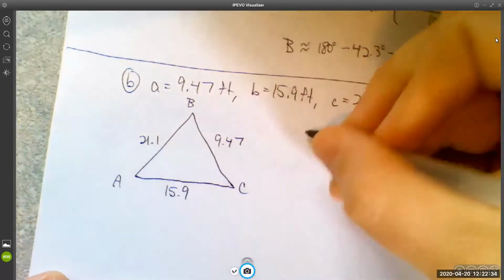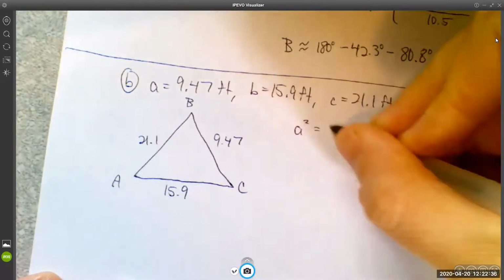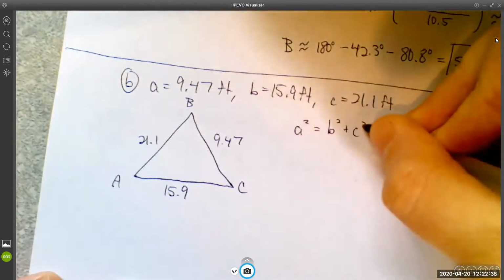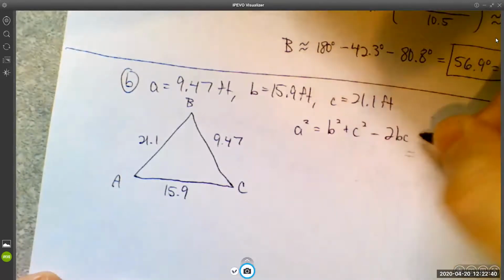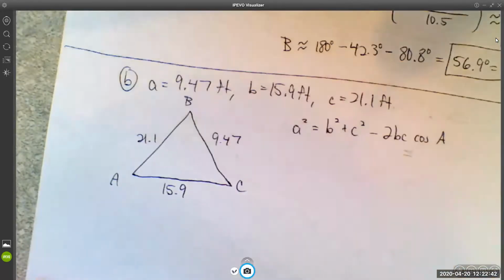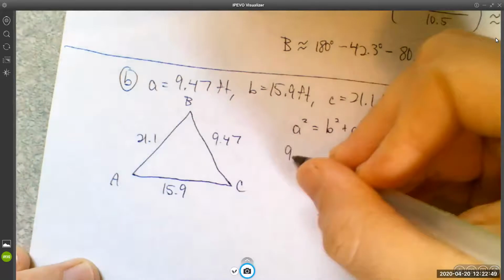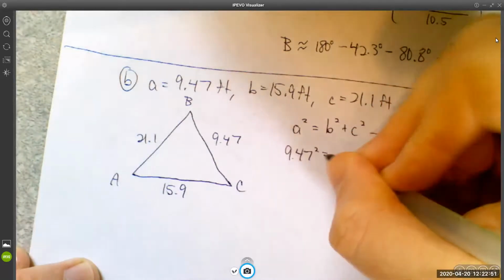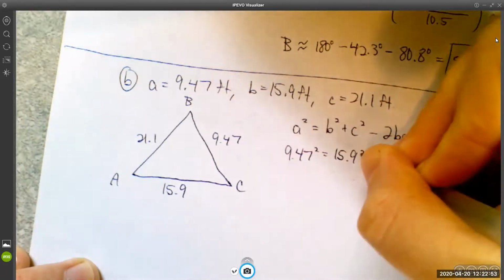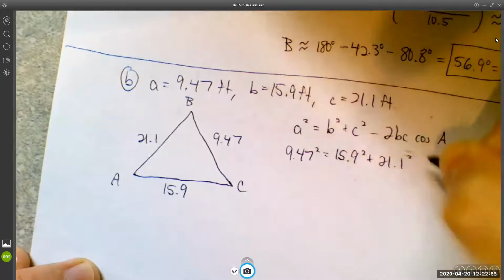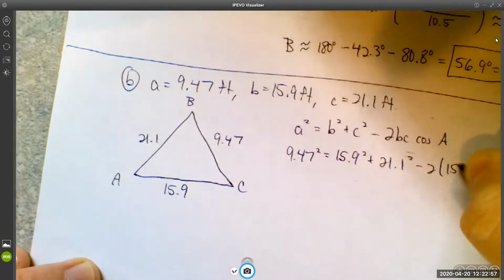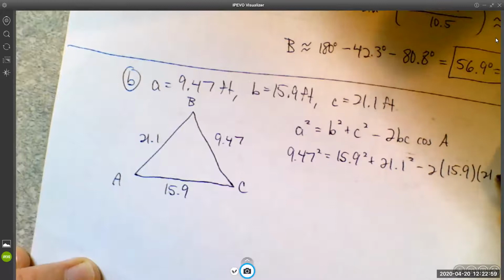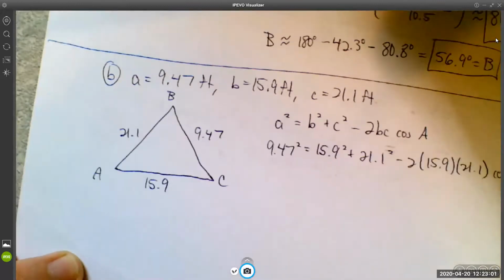So we'll say a squared equals b squared plus c squared minus 2bc cosine A. So 9.47 squared equals 15.9 squared plus 21.1 squared minus 2 times 15.9 times 21.1 times cosine of A.